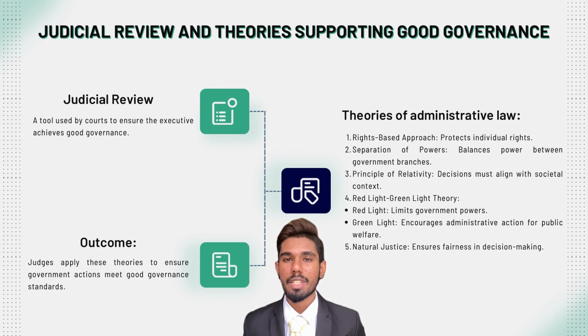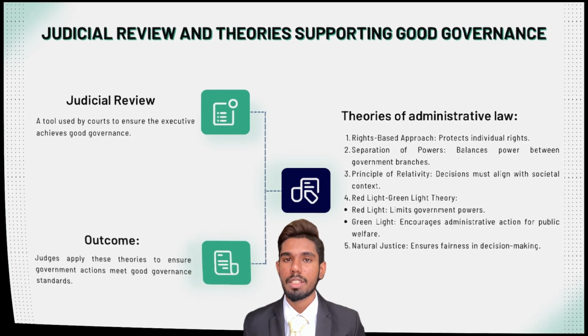Achieving good governance through judicial review is made possible by embracing a number of theories. These are the rights-based approach, separation of powers, principle of relativity, the red light, green light theory, and natural justice. These theories influence the way in which judges approach a decision of the government to ensure good governance.